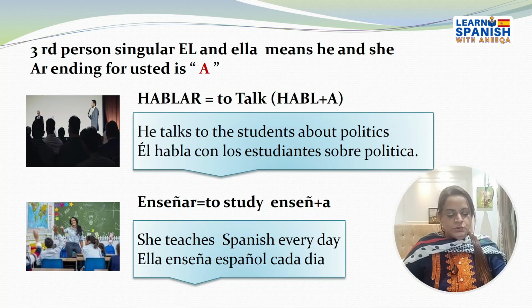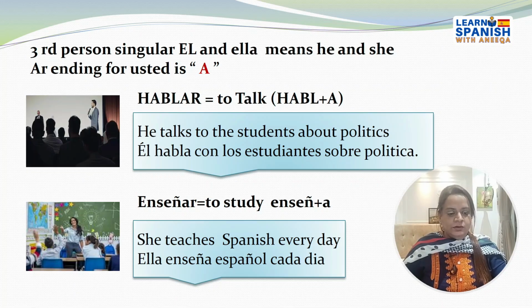Now él is used for he and ella is used for she. Now here in this picture we can see a man is talking to the students, maybe about anything, for example politics. So here again we will take the infinitive and divide it into two, the stem and the base.